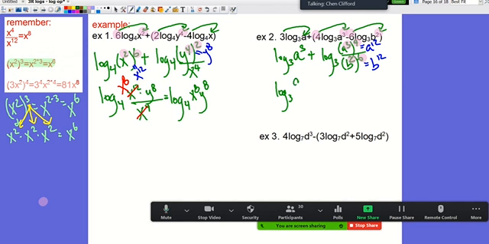And we get a cubed times a to the power of 12 over b to the power of 12, and this basically becomes log base 3 of a to the power of 15 over b to the power of 12. And that is your second example.